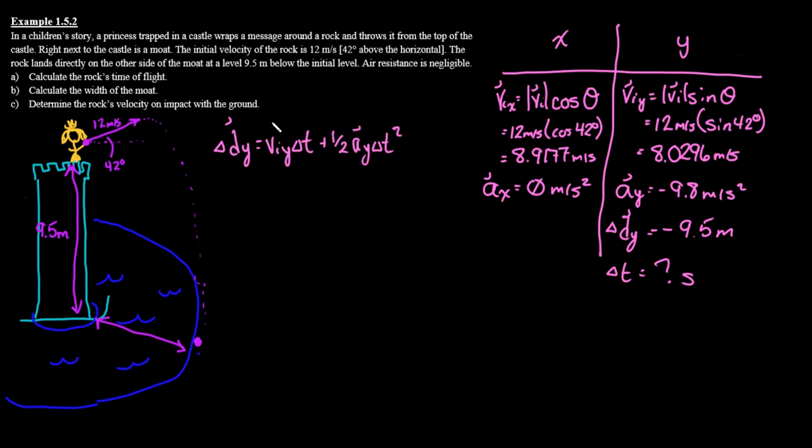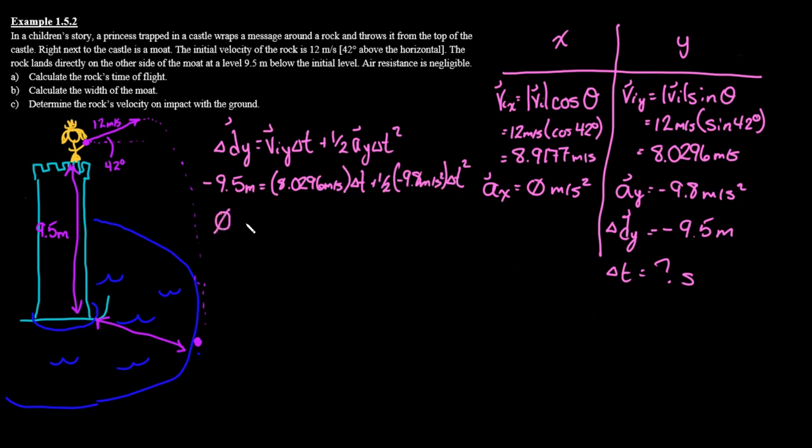Unfortunately, this time we have all of these variables, so what we're going to have to do in this case is plug everything in. You'll notice what we have here is a quadratic with time as the variable we're looking for.